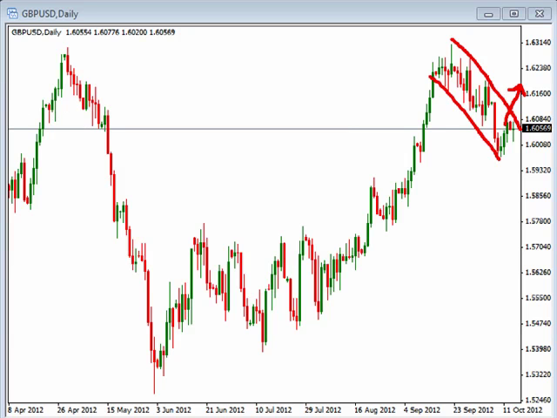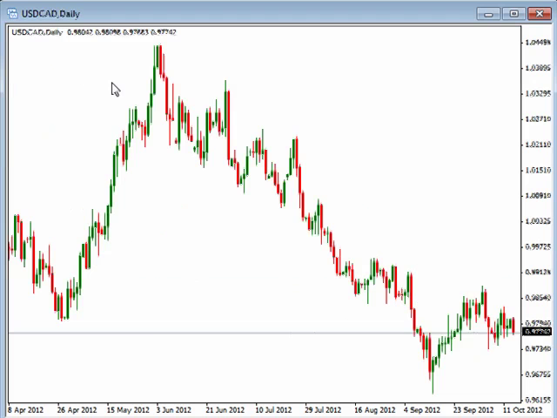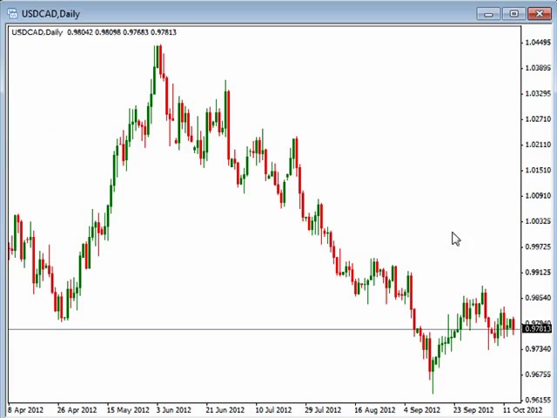Now let's take a look here at the US Japanese yen. Flat. The key here is that it's just moving sideways, and until we get breakouts of our resistance or support, we're not going to probably see a lot of good trending opportunities. US CAD.